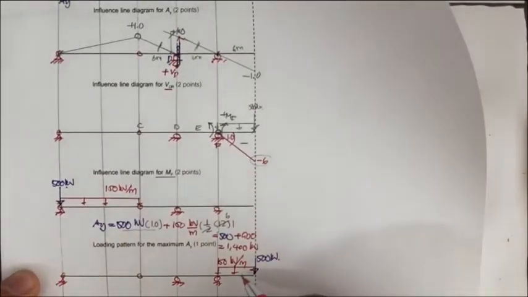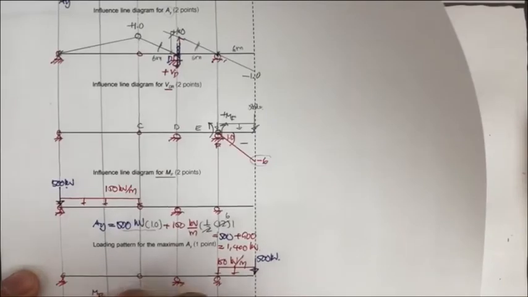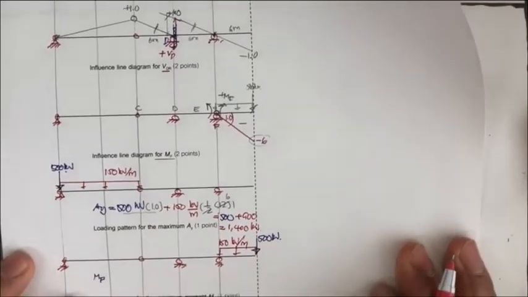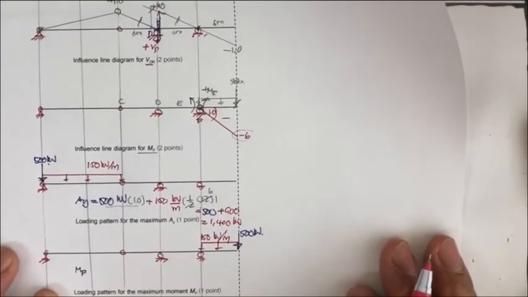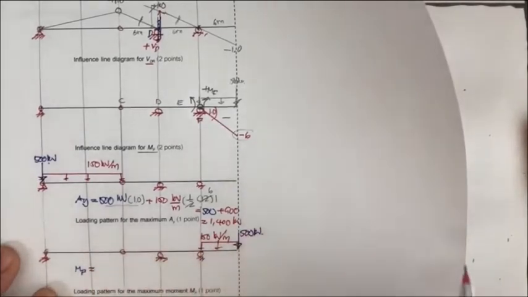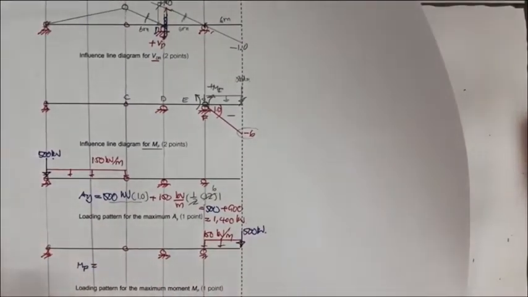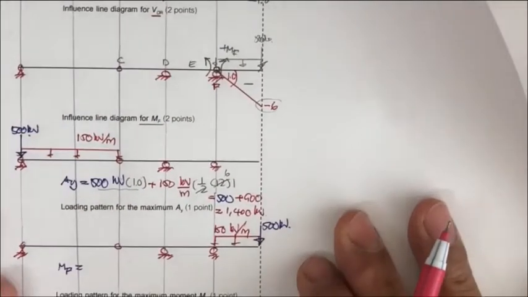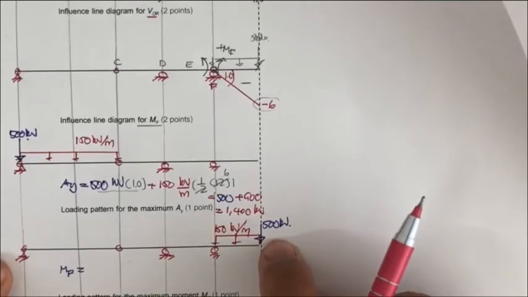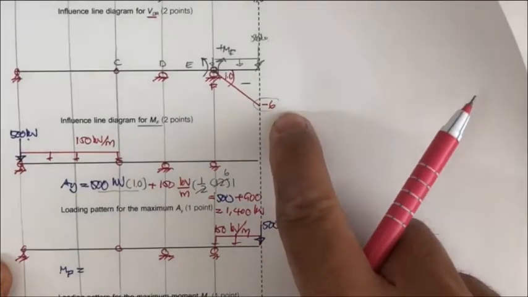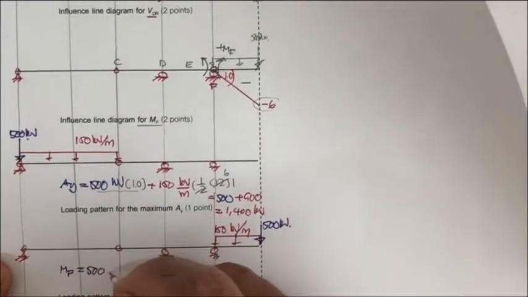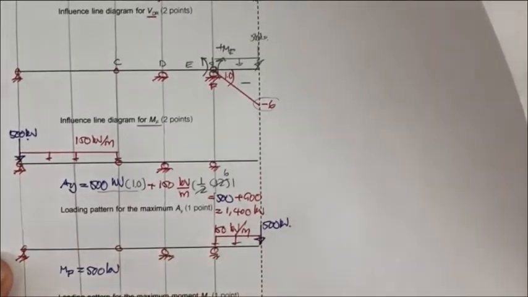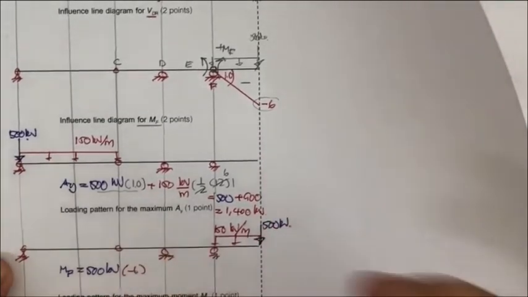So you have here the M sub f. M sub f now is going to be what? Equal to 500, right? 500 is going to have -6. That's quite a lot. 500 kilonewton times -6.